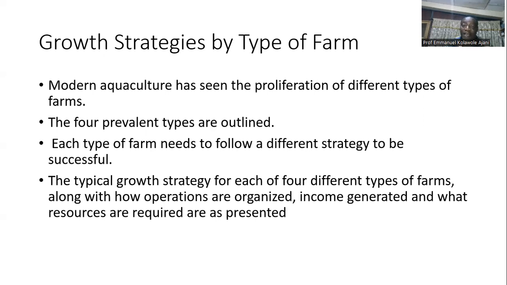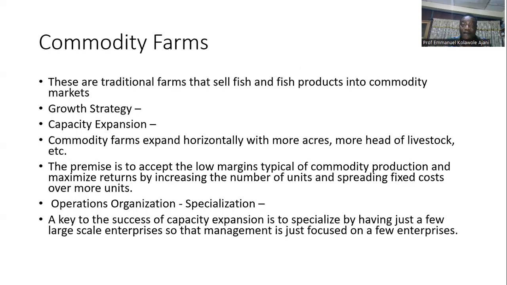And the typical growth strategy for each of the 4 different types of farm we are going to look at is along how operations are organized, the income generated, and the resources that are required. So those are the things we look at under the growth strategy by type of farm.